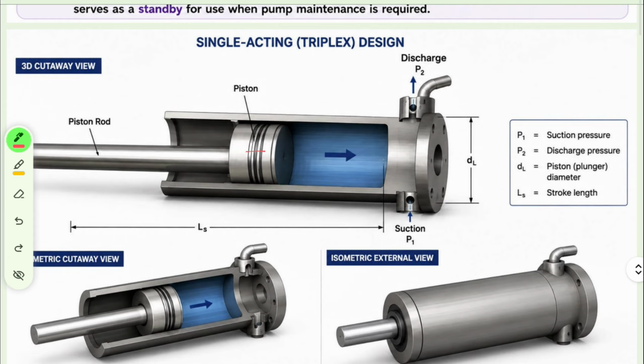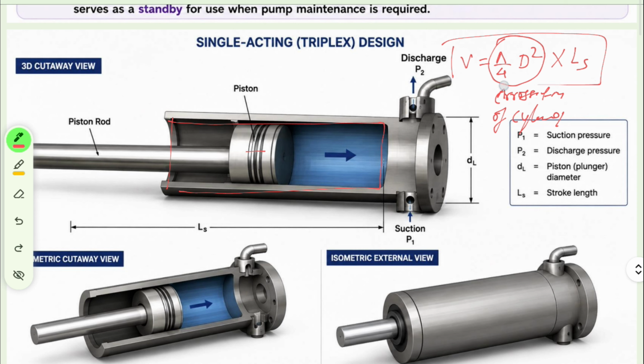This piston is going to discharge the volume of this piston. So how are we going to calculate the volume? We calculate π/4 D², which is the cross-sectional area of this cylinder, and if you multiply it by the length, this will give you the volume.